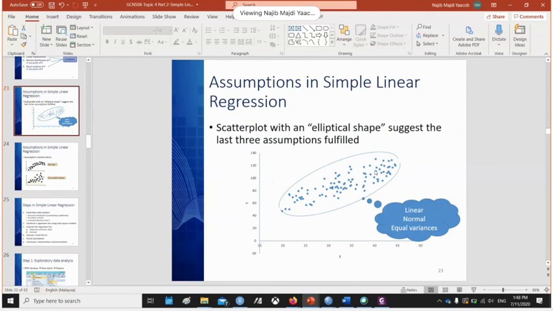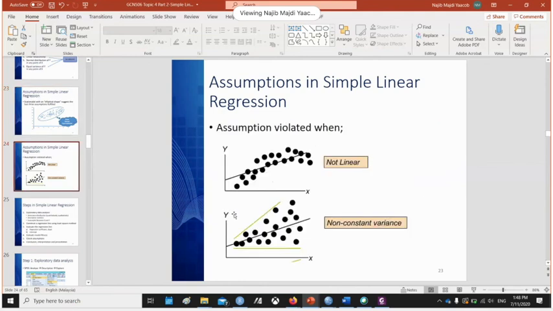Because the relationship is linear. If the relationship is non-linear, but we do prediction based on linear regression, we are not going to obtain a correct prediction.